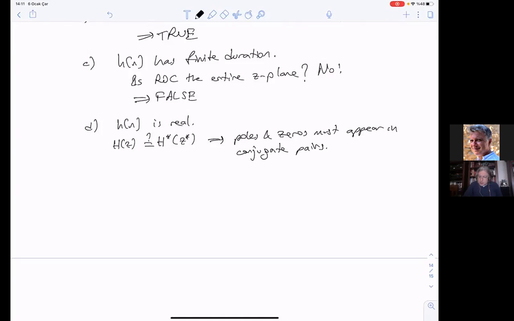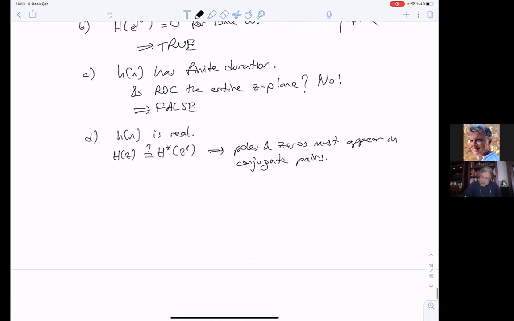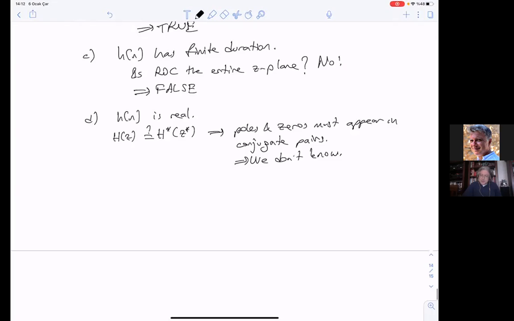There is a pole at 1/2. There is a zero on the unit circle. We don't know where it is. So actually, we don't have the information to answer this question. We don't know the other poles. We cannot really decide whether it's true or false.